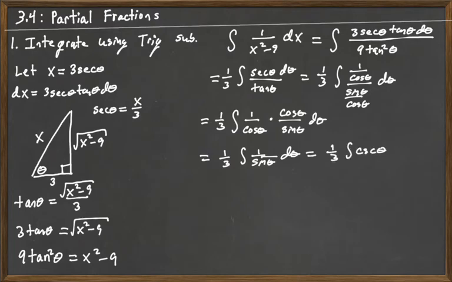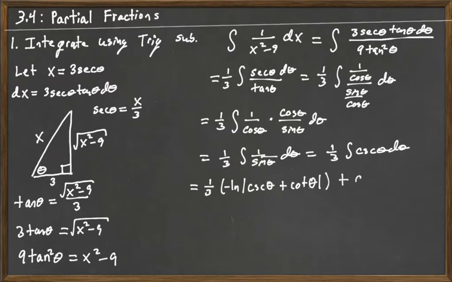And the integral of cosecant is going to be negative natural log absolute value of the cosecant of x plus the cotangent of x. And pardon me here, we're using variable theta, so let's put those thetas in there. Sorry, they weren't x's.